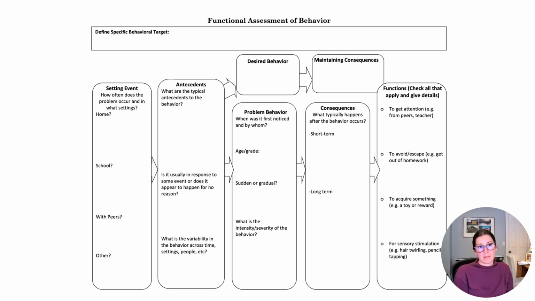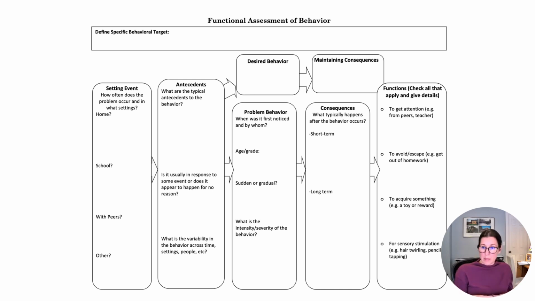in treatment. Once we have a really clear sense of the behavior to be targeted, we then want to work through the following columns. The first column is the setting event. So we're going to ask questions like, how often does this specific behavioral target, this problem occur, and in what settings? Does it happen at home? Does it happen at school or in the workplace?